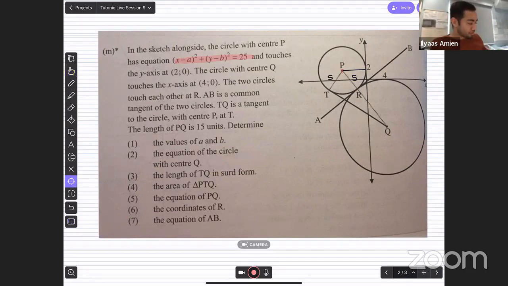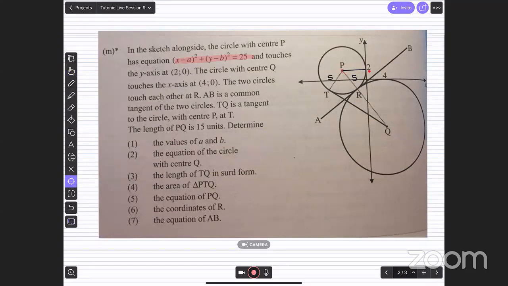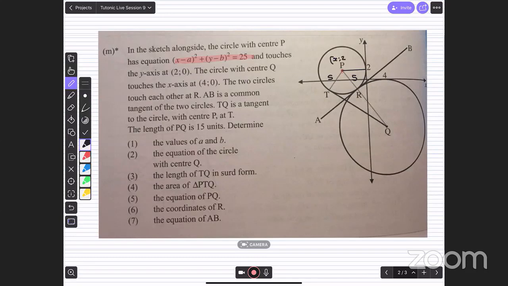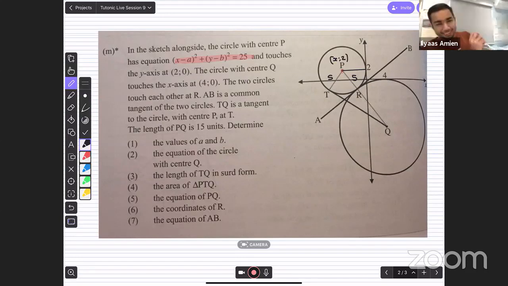What do you know about horizontal lines? They have the same y coordinates. So what's the y value of P? 2. You see that? Do you see how you really get information just from them?